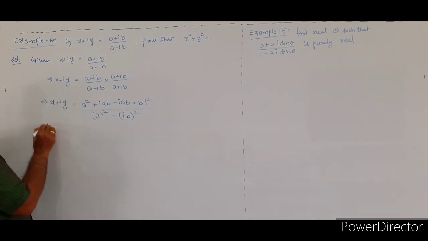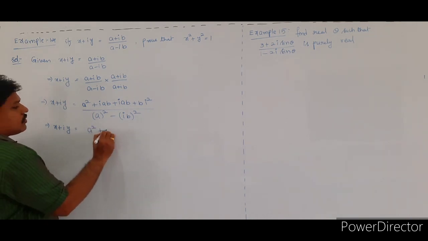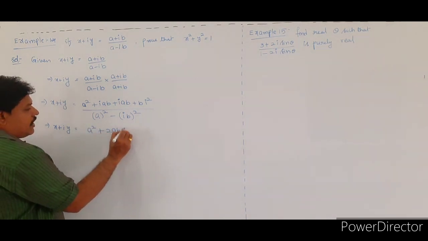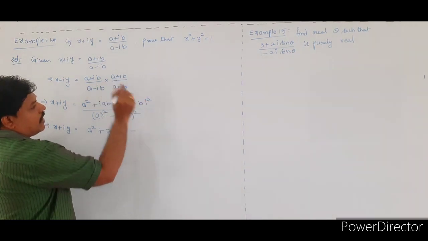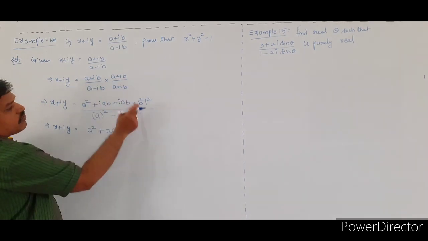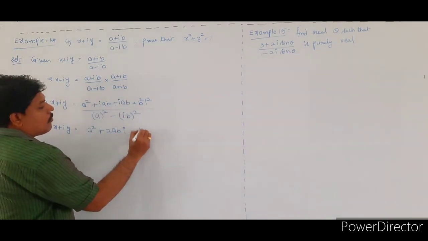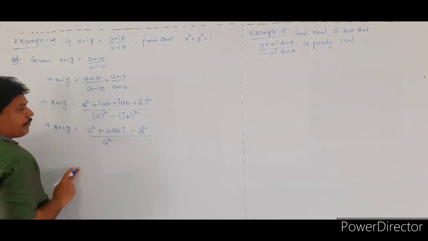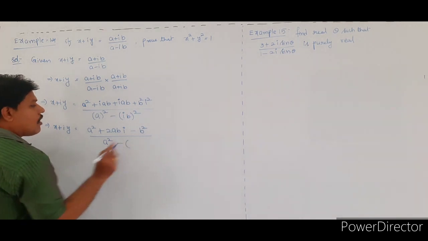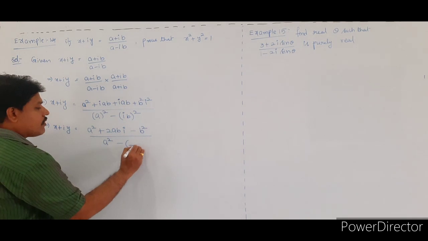So that implies x plus iy is equal to a square plus 2ab into i minus, this value is ib into ib, which is b square into i square actually. So i square value is minus 1, so it becomes minus b square by a square minus of, i square is minus 1 into b square.